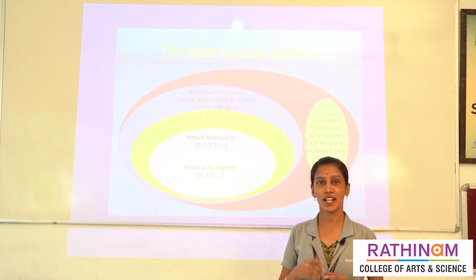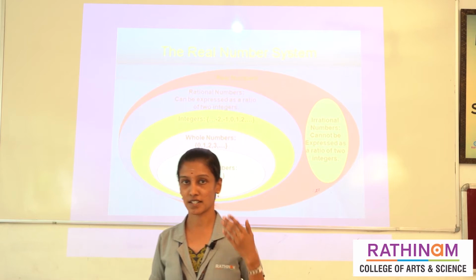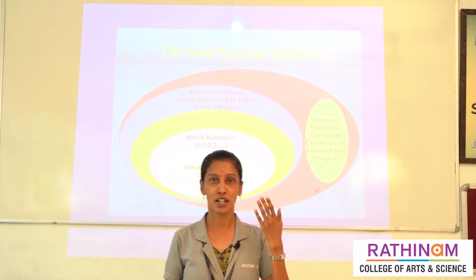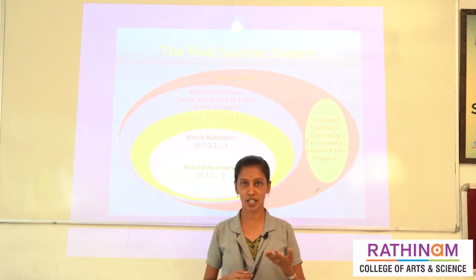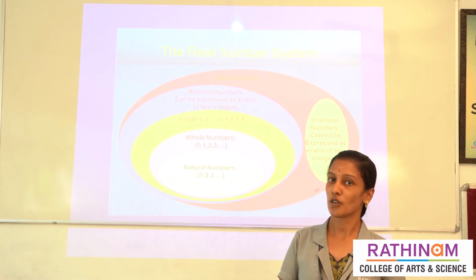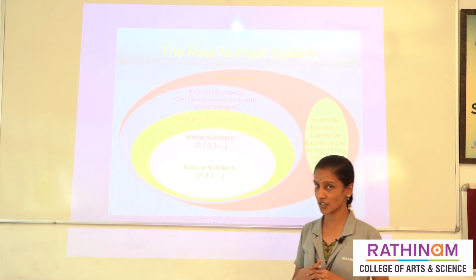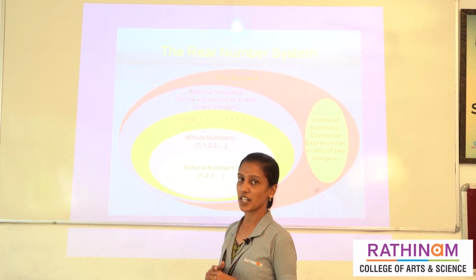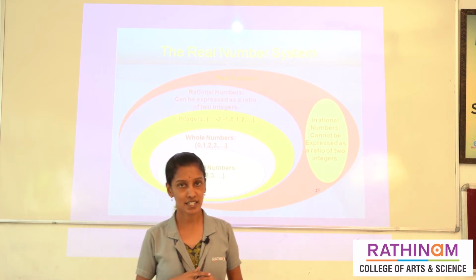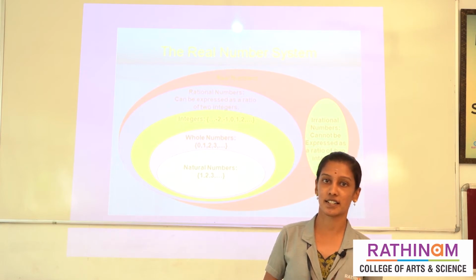Obviously when I say a number, there are different types of numbers, starting from prime numbers, composite numbers, odd numbers, even numbers, and we may come across other types as well. In number theory, we will be particularly dealing with the natural number system. In that we are going to discuss the properties and obtain very interesting results.